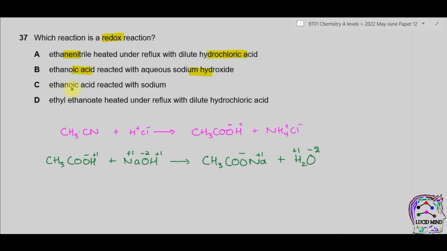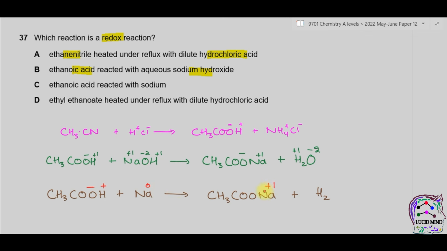Let's look at part C. We have ethanoic acid reaction with sodium. Again 2 carbon carboxylic acid, and sodium metal. Now acid plus metal forms salt and releases hydrogen gas. So we have CH3COONa, that is the salt, along with hydrogen H2. Now if we look at the oxidation states, we can see COO is negative, H is positive, sodium is neutral as it is an element.